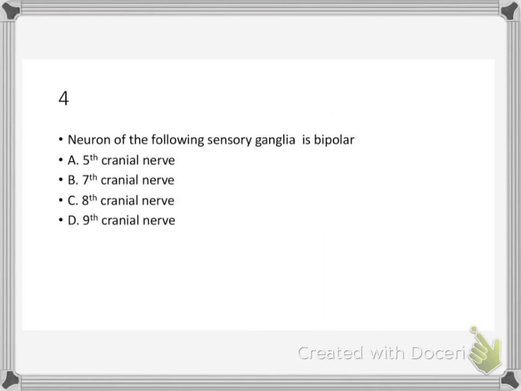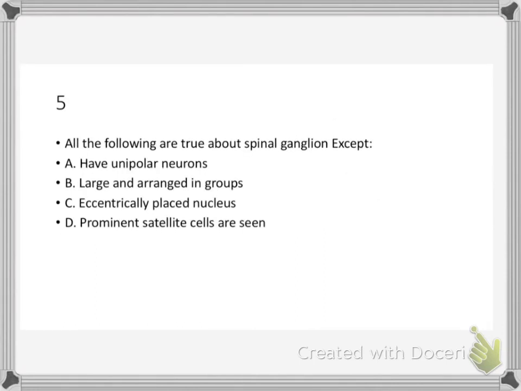Okay. Next one. Last. All the following are true about spinal ganglion except. So shall we draw the spinal ganglion? Okay, this is unipolar, in groups, centrally placed nucleus, and nicely it is surrounded by satellite cells. Unipolar correct. Large and arranged in groups correct.